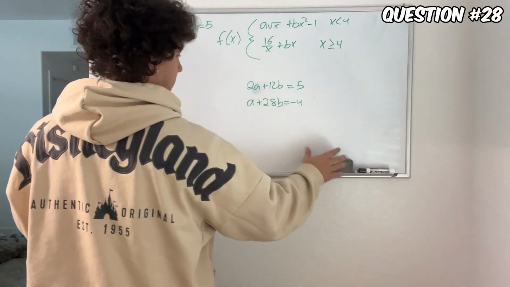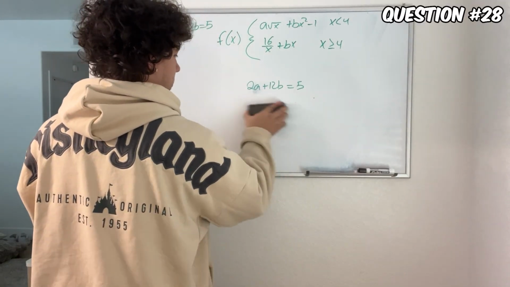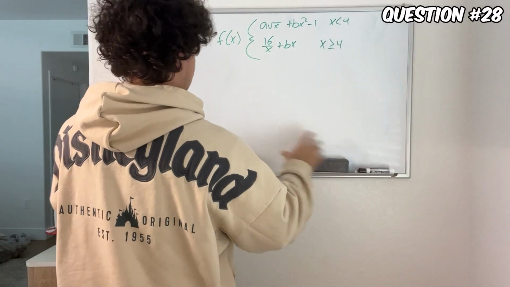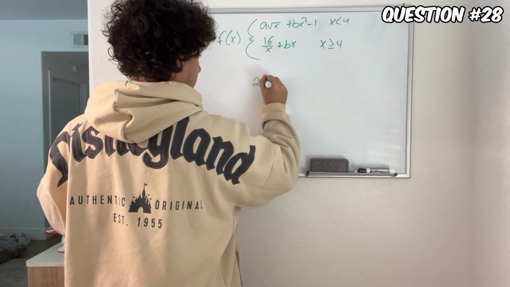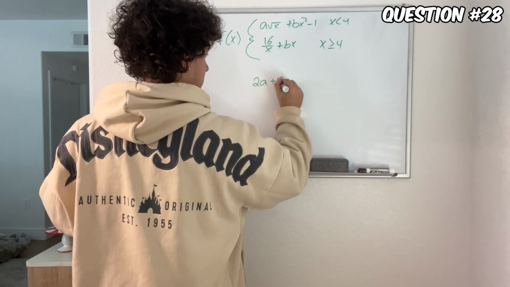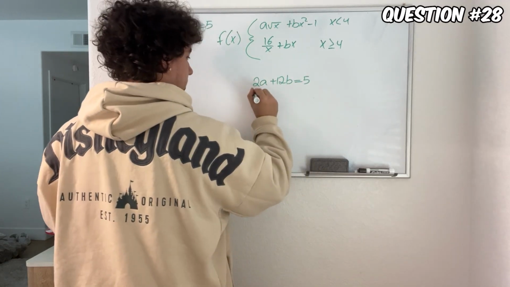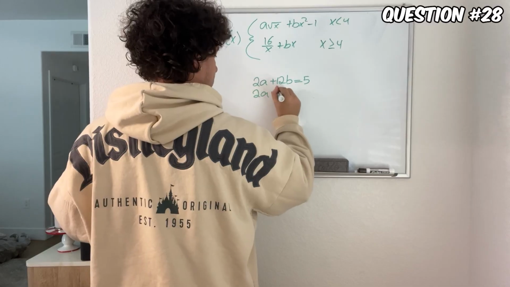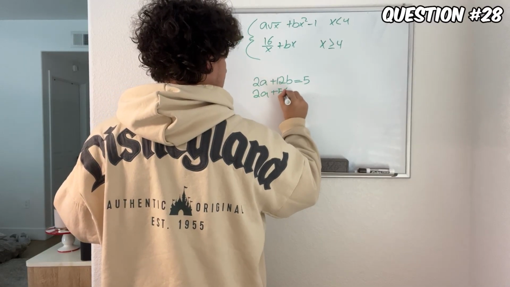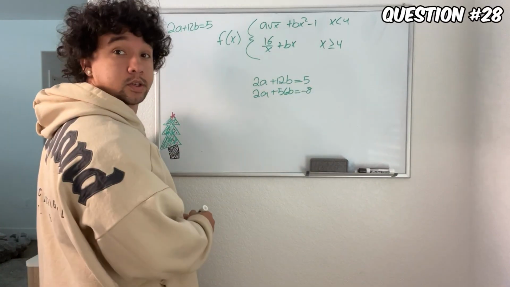Yeah, I like that. So I'm going to multiply the bottom one by 2. So rewrite everything. 2a plus 12b equals 5. And then 2a plus 28 times 2, 56b equals negative 8. Now from here, I'm just going to subtract.